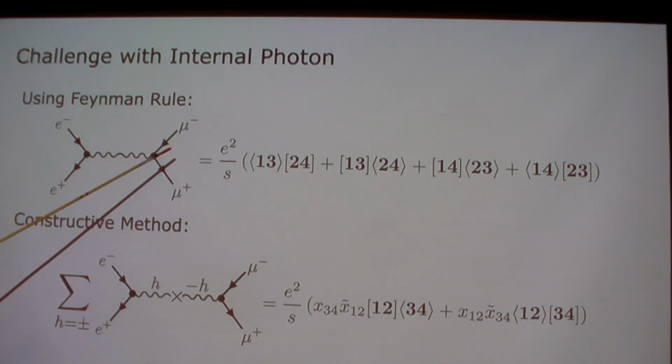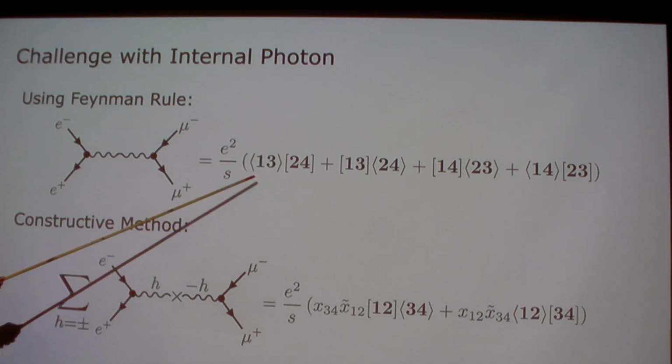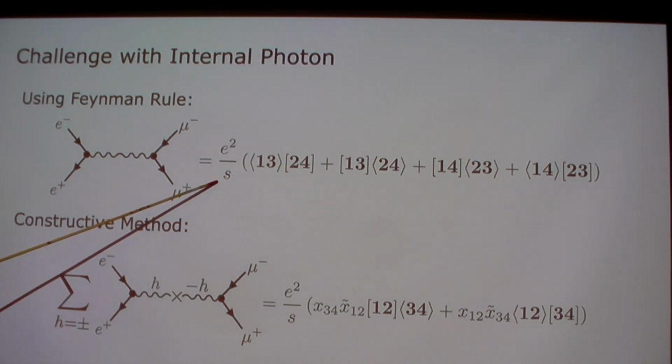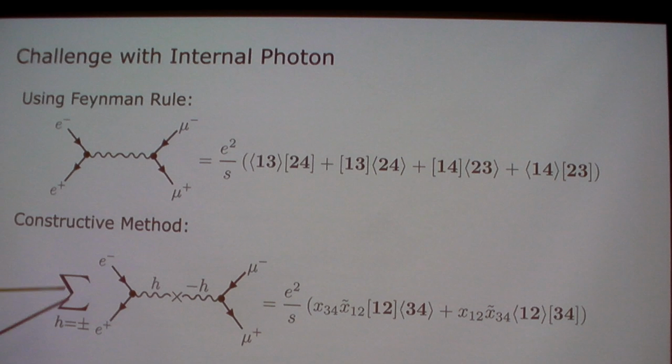If you write the result in spinor helicity variables, it looks like this, where s is the Mandelstam variable. And if you want to calculate this using the constructive method, then you glue the 3-point amplitudes and sum over plus and minus helicity for the internal photon. That gives you these two terms.